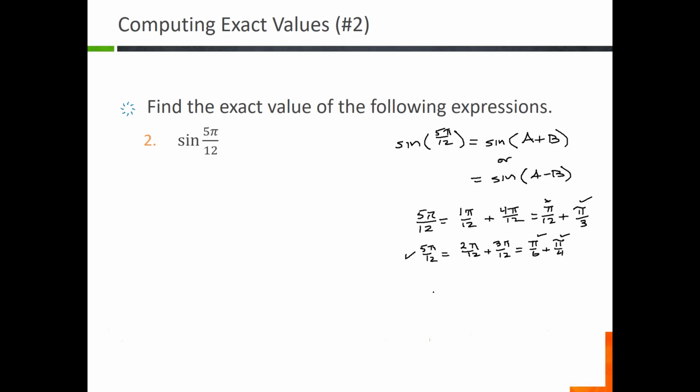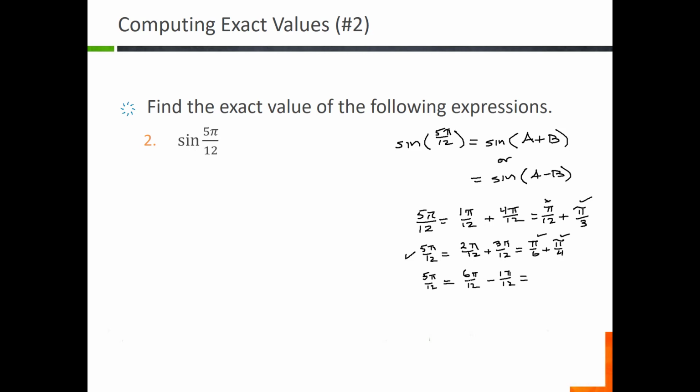And we could do the same thing for subtraction. So what are two numbers we could subtract to get a 5? Well, you could subtract 6 minus 1, right? So if we need to get a 5, 5 is 6 minus 1, so 5 pi over 12 would equal 6 pi over 12 minus 1 pi over 12.